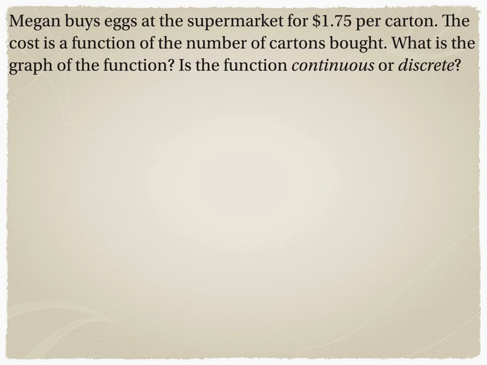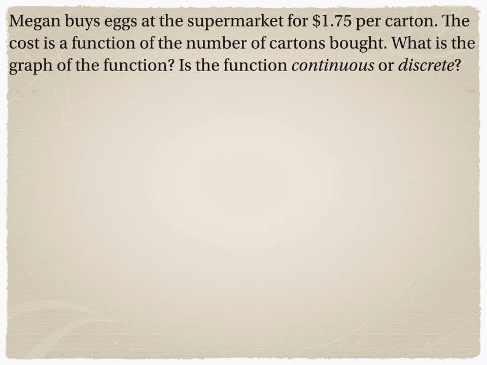So if you think about a normal supermarket, right? Now they actually sell cartons of 6 eggs too. Not sure if you know that. They do. But we're talking about a supermarket that just has a dozen eggs for $1.75. You can buy 1 carton or 2 cartons or 3 cartons, but you can't just randomly buy 15 eggs, right?